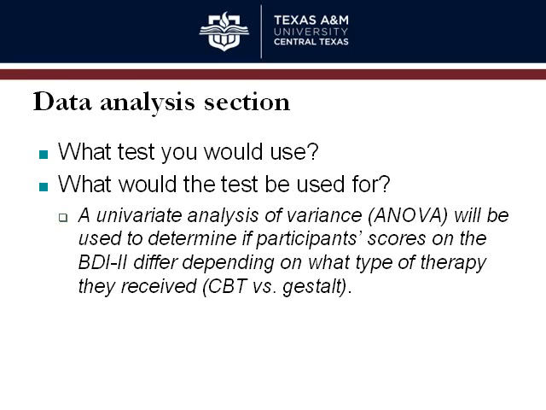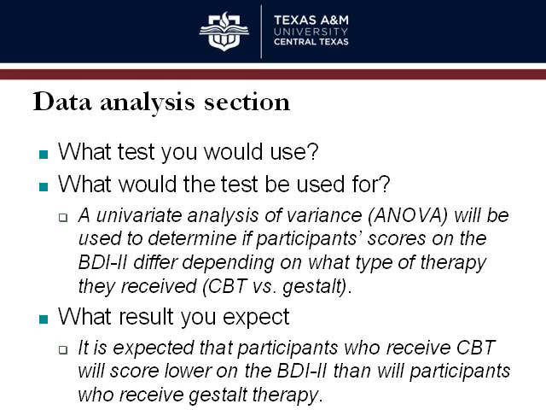Okay. So what the test will be used for and what result you would expect. So that pattern of results. An example here: it's expected that participants who receive CBT will score lower on the BDI-2 than will participants who receive Gestalt therapy. Okay. If I were doing that, using just this very simple measurement, I could have just used an independent groups t-test.